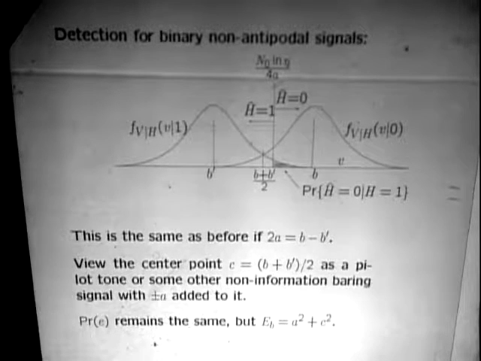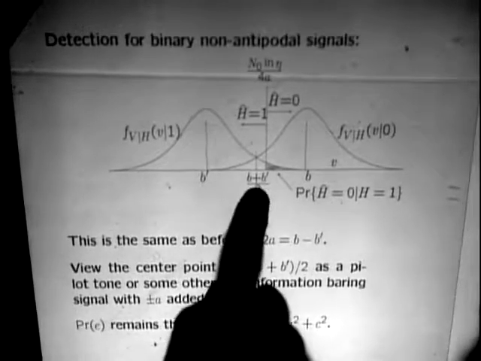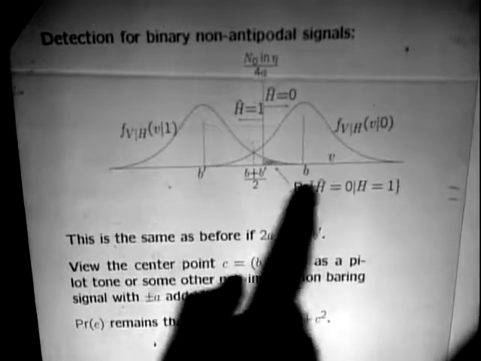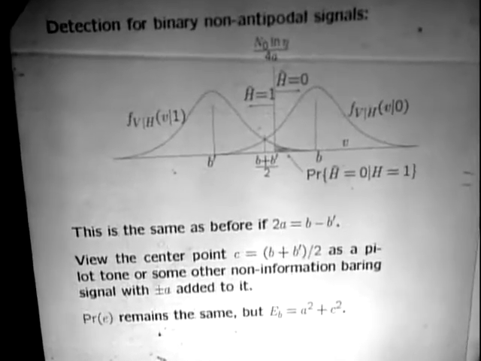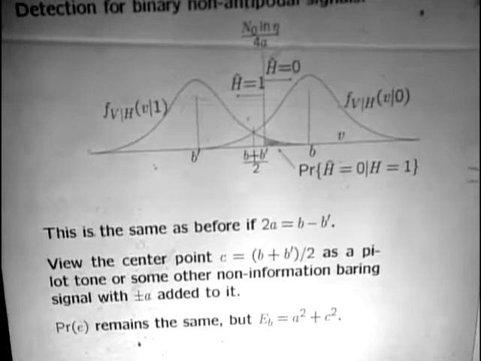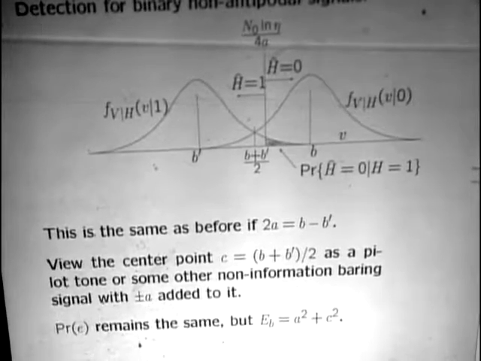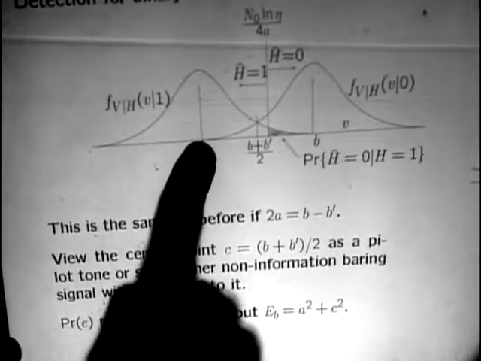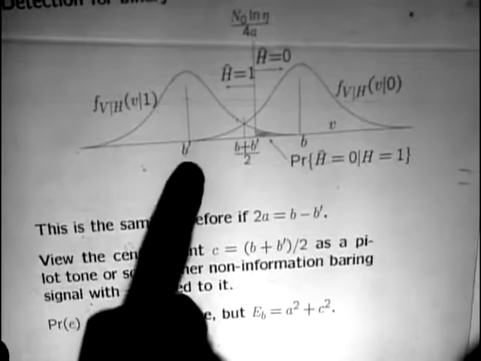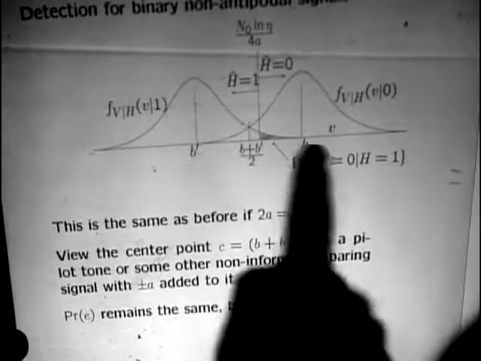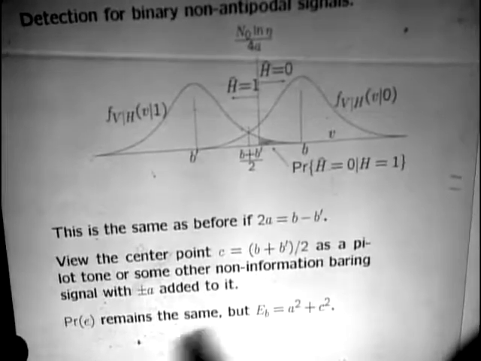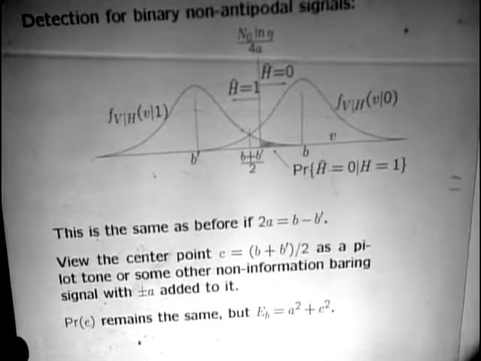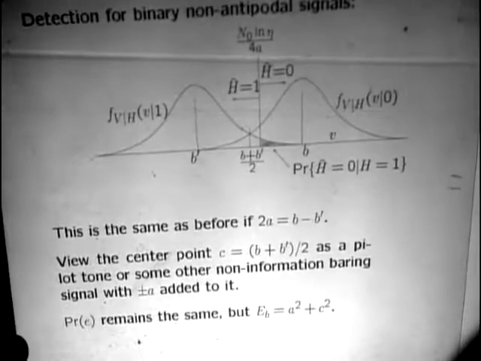And what I've done, because I didn't want to plot this whole picture again, is I just took the 0 out, and I replaced the 0 by the point halfway between these 2 points, which is (b plus b prime) over 2. And then we look at it, and we say, what happens if you have an arbitrary set of 2 points anywhere on the real line? Well, when I send b prime, the likelihood is a Gaussian curve centered on b prime. When I send b, the likelihood is a Gaussian curve centered on b.